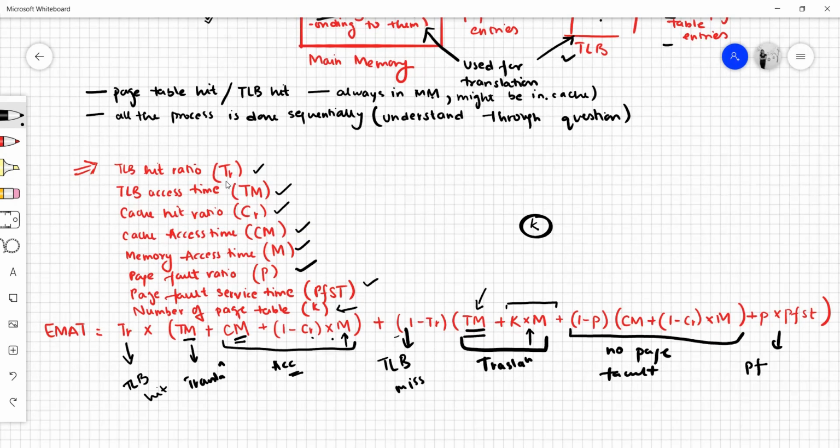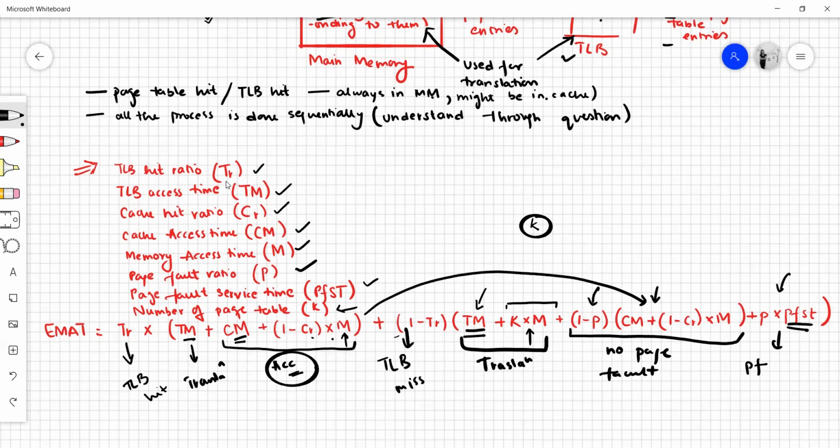Now, if we don't have a page fault, that is 1 minus page fault ratio, in that case this whole access time is similar to this access time, the same thing written again back here. Plus, in case there is a page fault, we'll have to service that page fault, so we add this as well to compensate for the cases where there is a page fault.